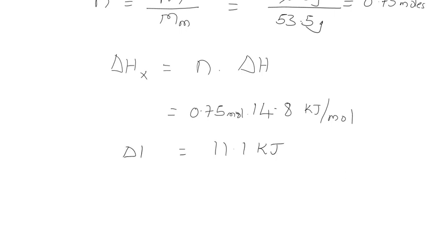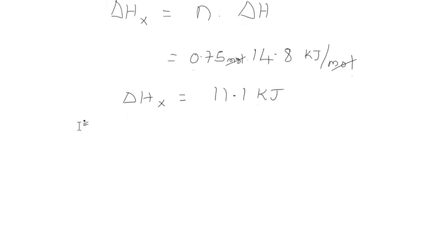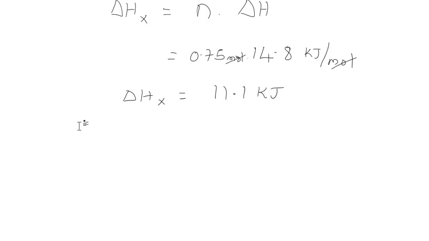Now remember, don't write moles because moles are getting cancelled. So we have the value as 11.1 kilojoule, that is the delta H for the reaction. Now you should know that your Q is always the negative of delta H for the reaction, so we have the Q value as negative 11.1 kilojoules.